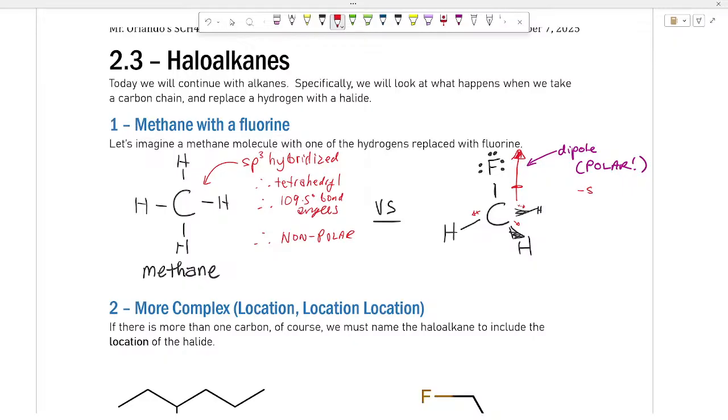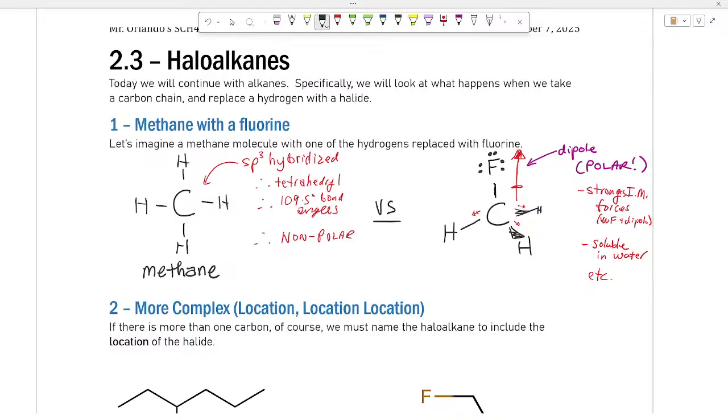So this will now be stronger intermolecular forces. So van der Waals and dipole. It'll be soluble in water and other polar compounds, etc. By adding that one substitution, we have changed the chemical properties of the compound. Does that make sense? Made it polar.